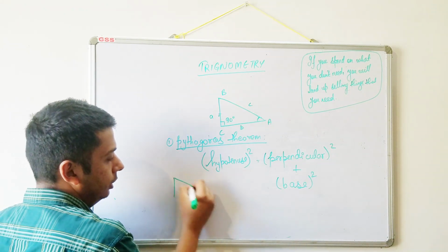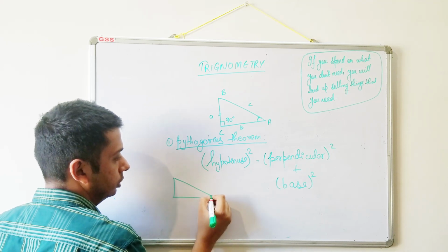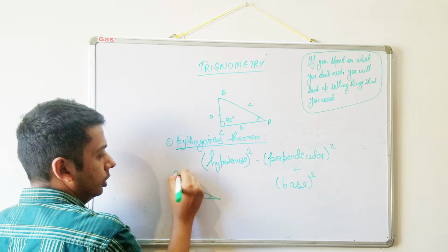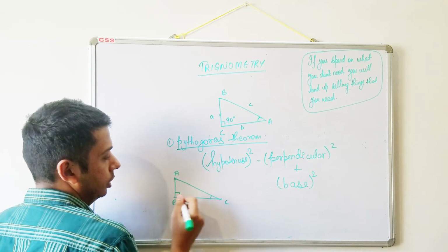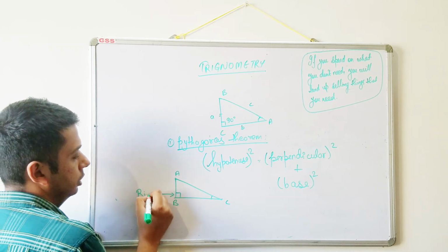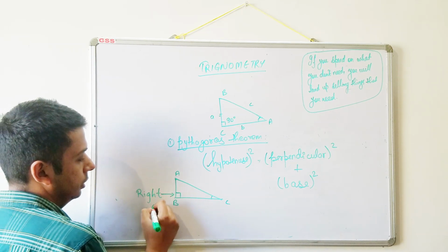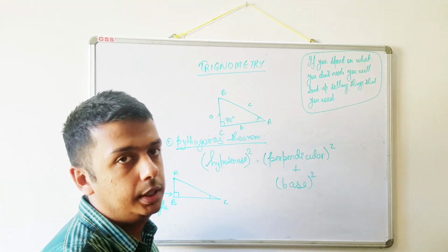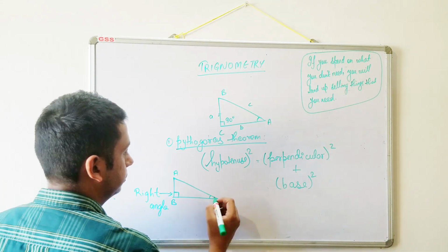So in a right angle triangle, there is the right angle and there is something called the angle of reference.